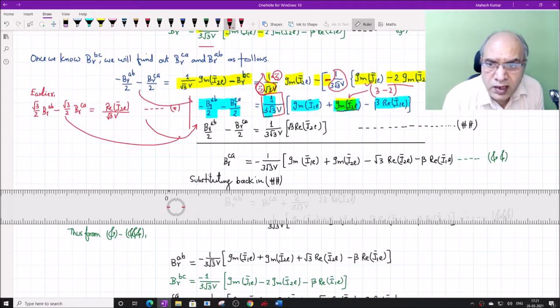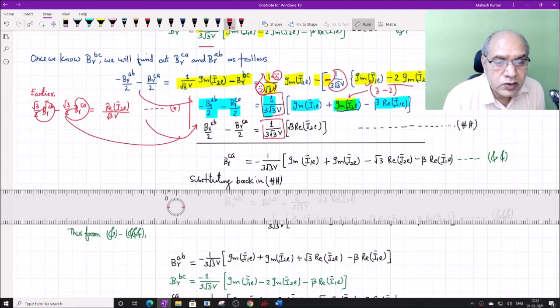Okay, so b gamma ab by 2 minus b gamma ca by 2 equal to real of I2L by root 3b. It's root 3b actually, but I want to make this factor a common factor. Therefore, we will multiply by root 3 and divide by root 3.